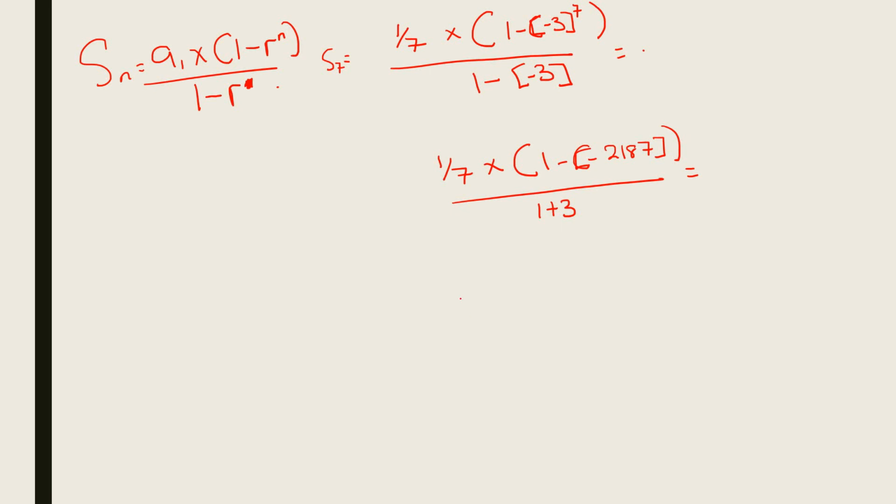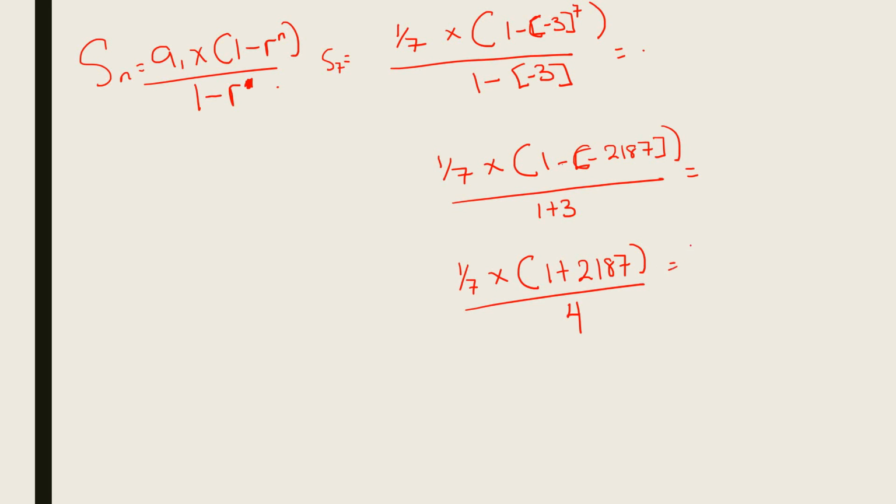Okay, so we have 1 over 7 times, now minus times minus here, so we have plus, 1 plus 2187, okay, over 4. Now what's 1 plus 2187? So that's 2188.